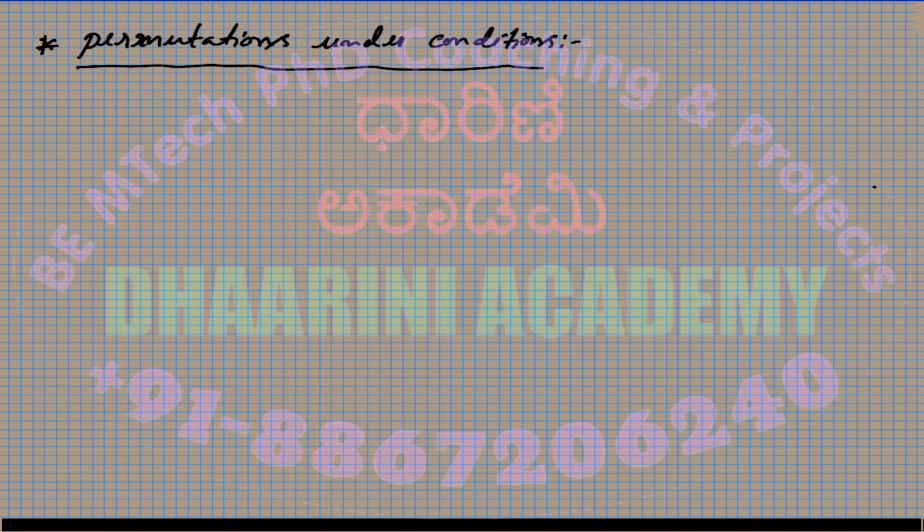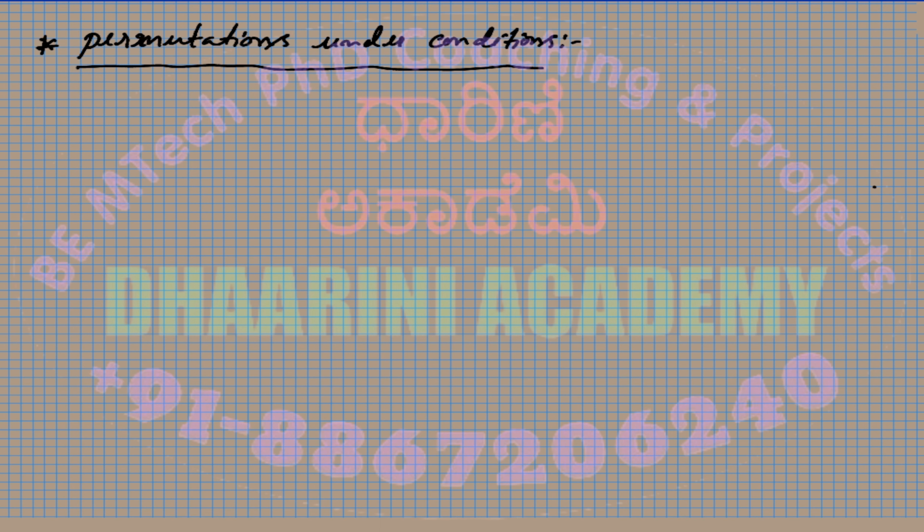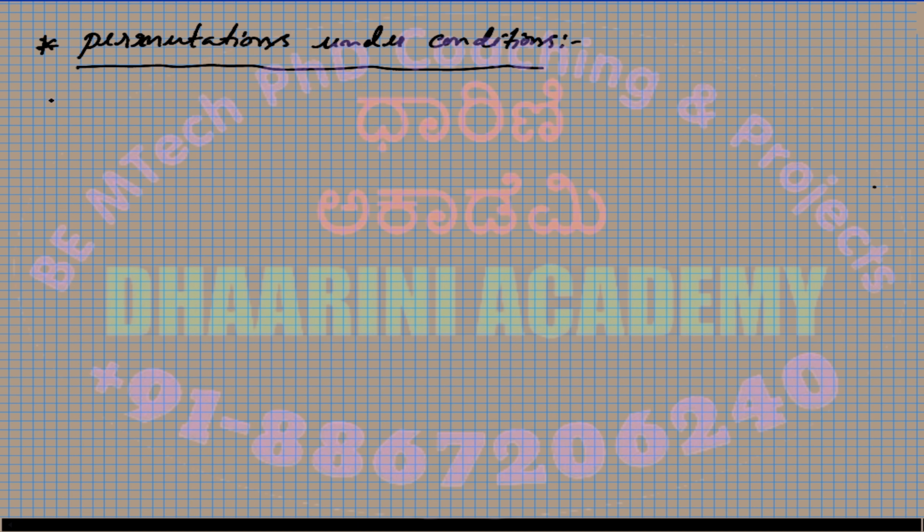So how to calculate the permutation under certain conditions? There are some rules to be followed to calculate the permutation under certain conditions. Okay, let's look at the conditions one by one. So condition number one.